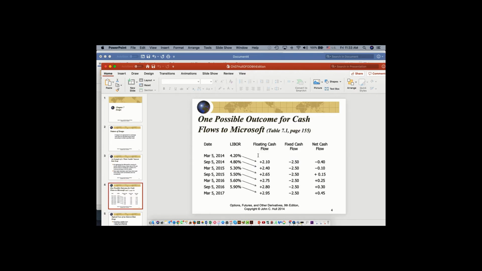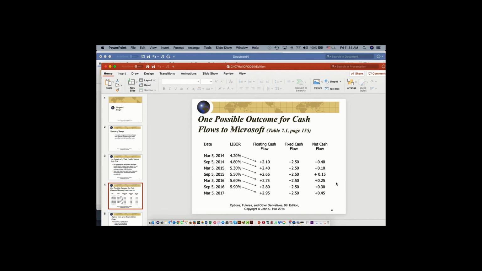And one thing to notice is that it is fixed earlier and then paid in arrears. So LIBOR is fixed at 4.2 and then it is paid the following 3 months or 6 months, whatever the terms of the agreement are. On the other hand, the fixed cash flow remains the same.